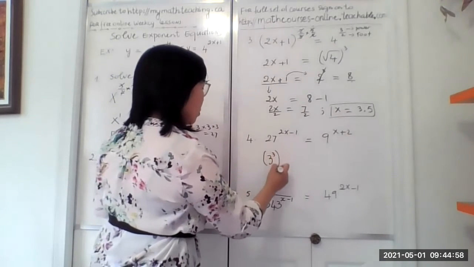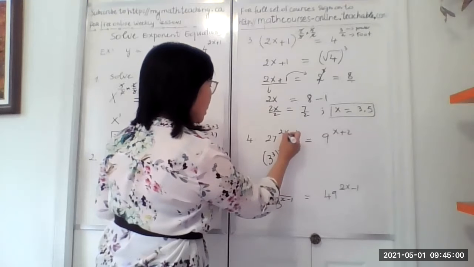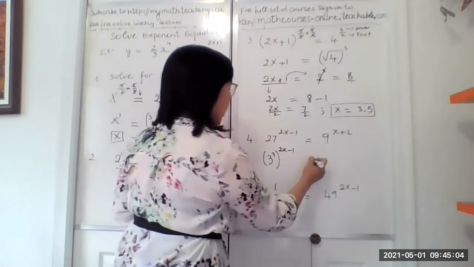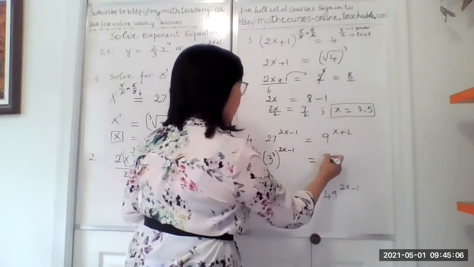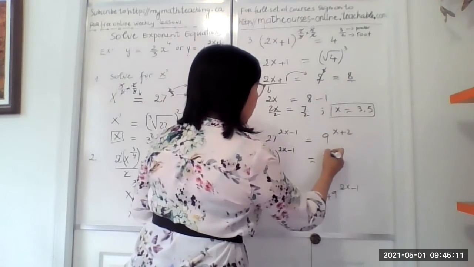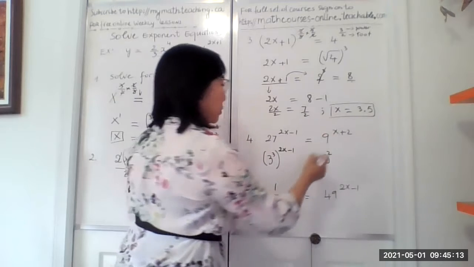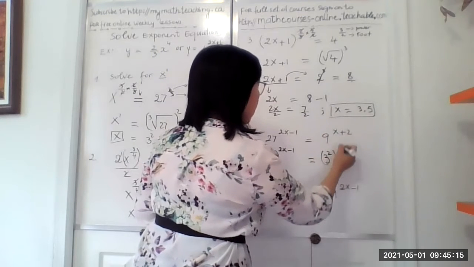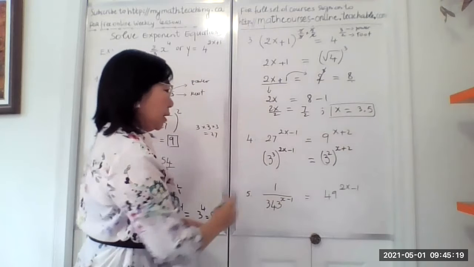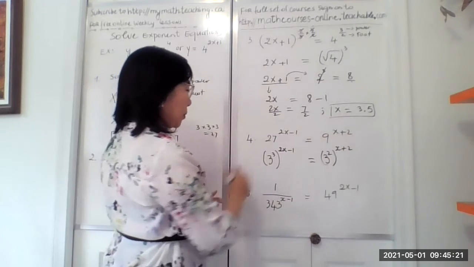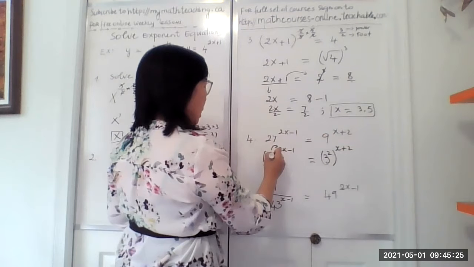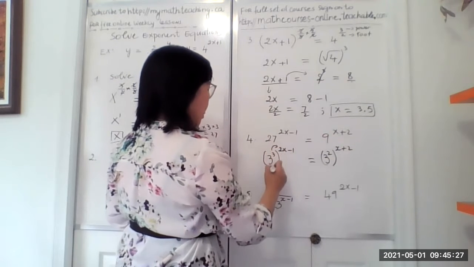And outside, of course, I still have this expression with the power on top. Nothing changes. Now this I also can turn into a power of 3, which is 3 to the power 2, which is 9. And outside, I still have this power on top. At this point, I can distribute the power 3 here to this expression.